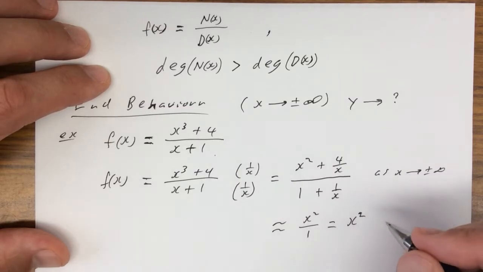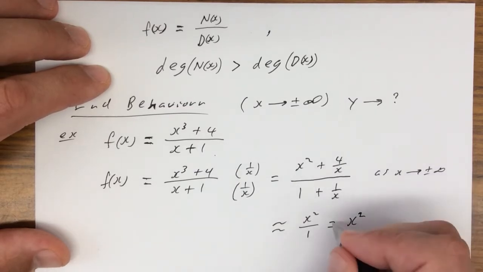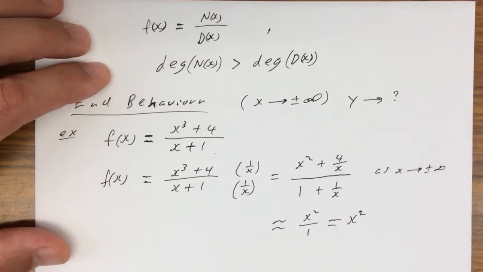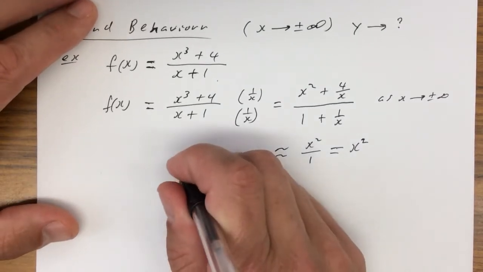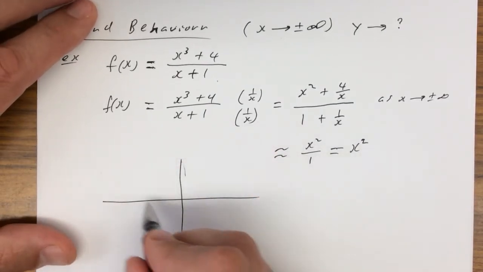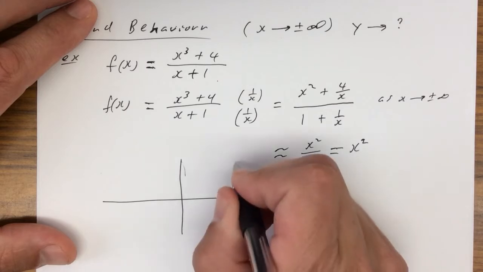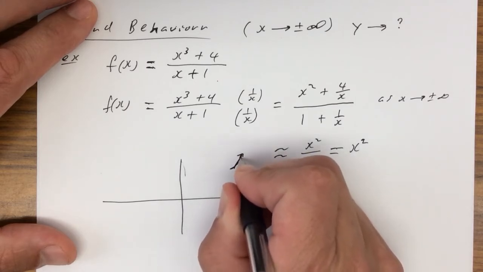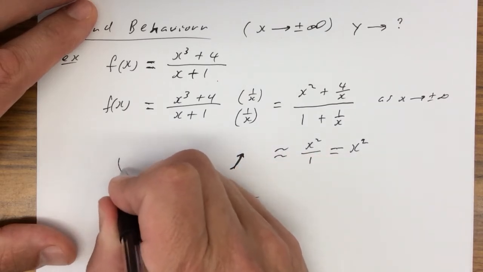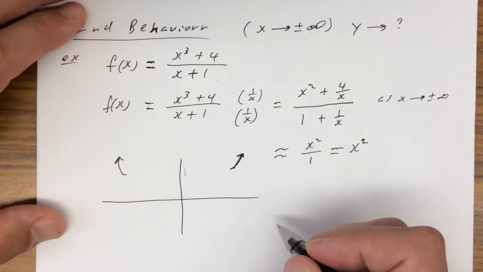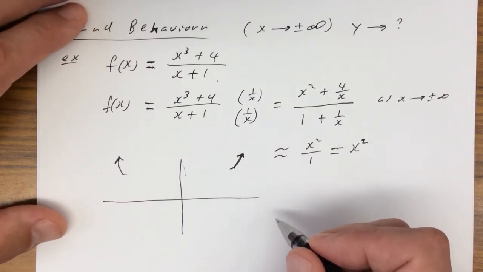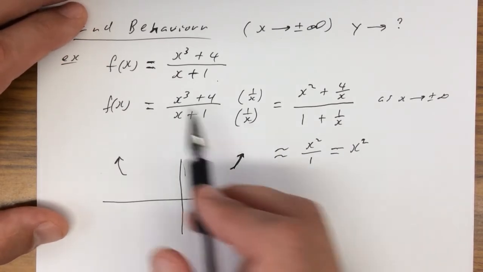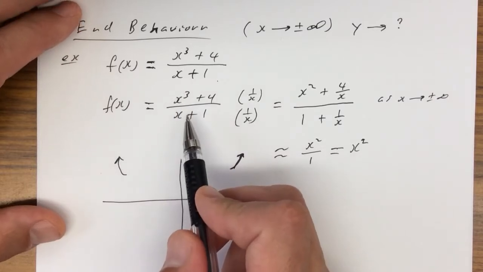Now the end behavior for x squared is fairly obvious. We know that that looks like a quadratic. So we don't know what it looks like in the middle here, but we know that x squared goes like this and like this when x is really large, negative, or positive. So that tells us the end behavior is something like this.